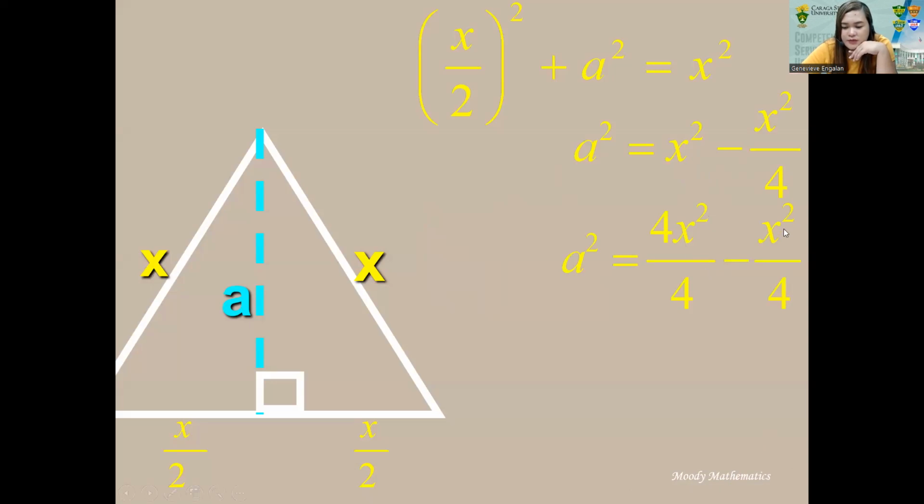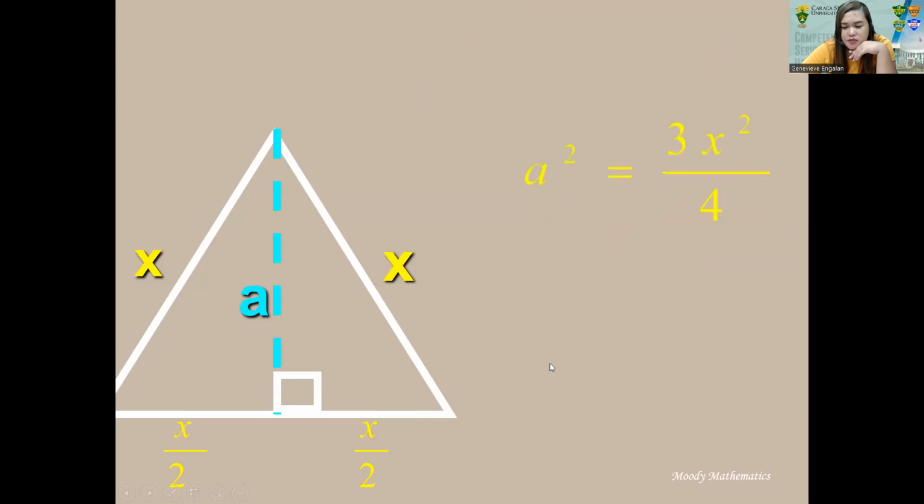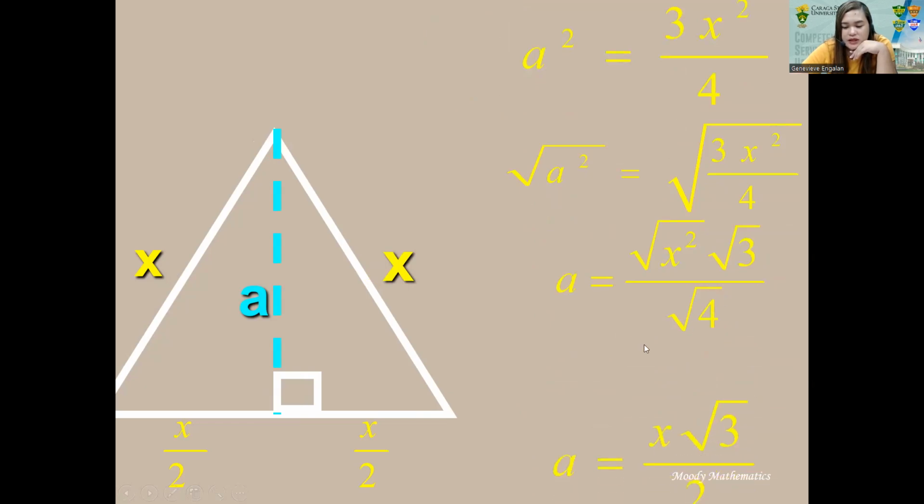Okay, so 4 minus 1 is 3. So a squared is equal to 3x squared over 4. Okay, taking the square root of both sides, a will be equal to square root of x squared times square root of 3 over square root of 4. So a is x square root of 3 over 2.